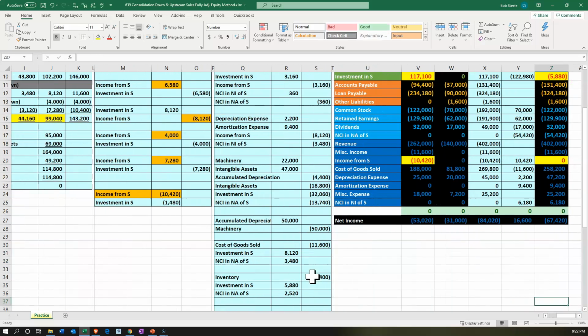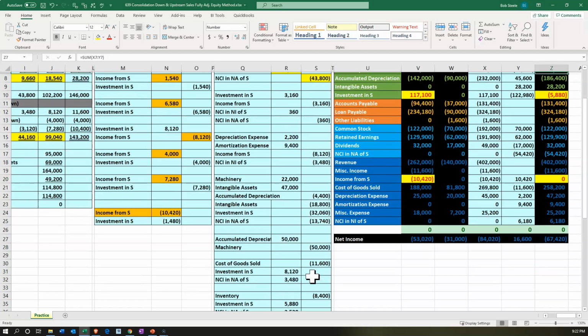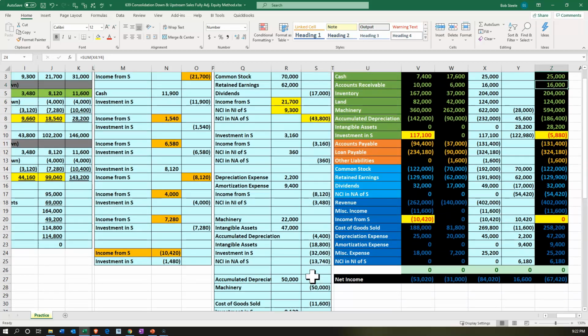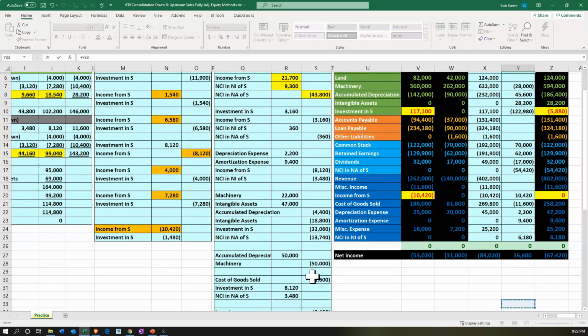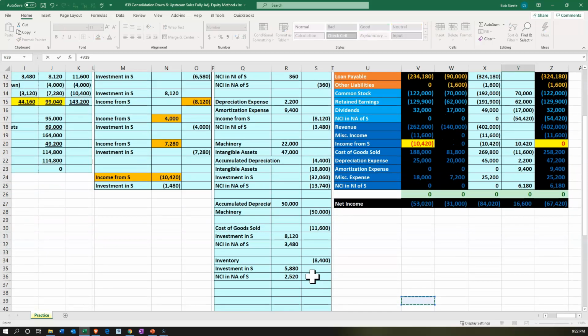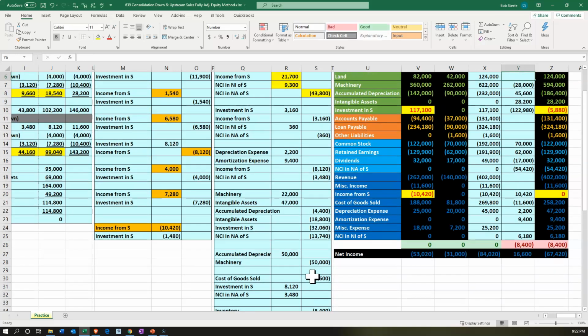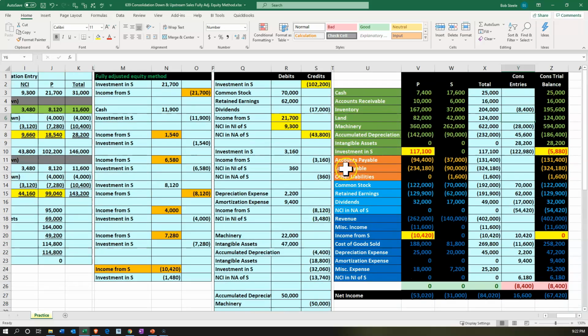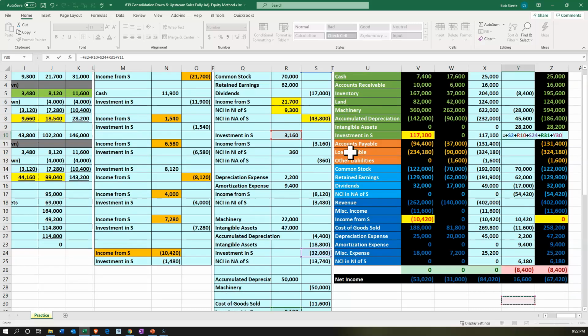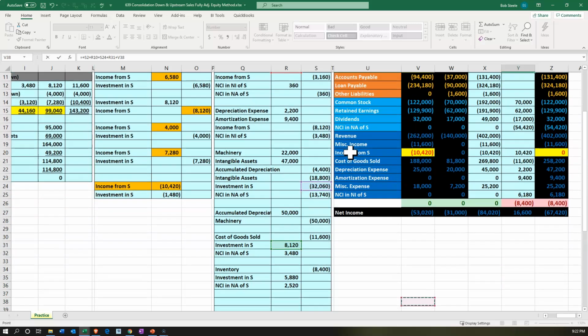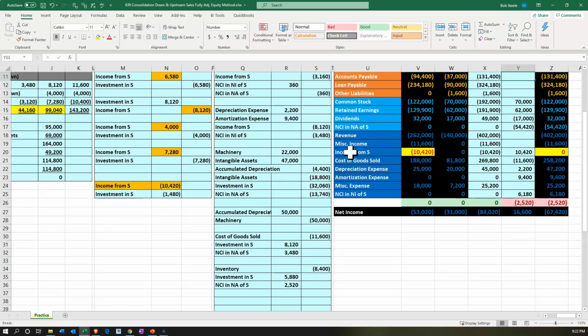Let's post that out. So I'm going to scroll up and say, all right, then inventory here is going to be that 8,400, and then the investment in S. So investment in S, I'm going to say F2 plus F2, and that's going to be for the 5,880.